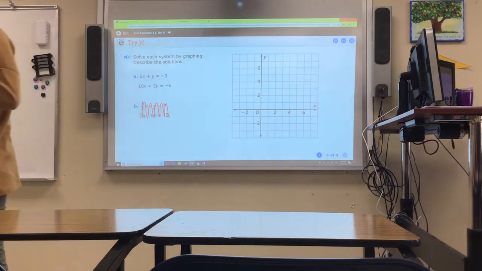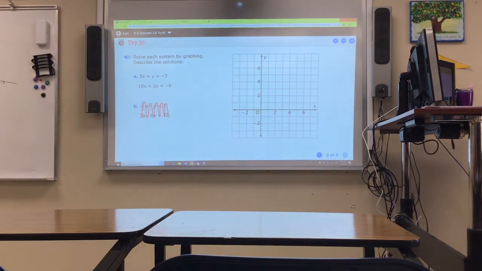You can't subtract them because they're not like terms. So down here, write y equals, and you have a negative 5x minus 3. And there's your equation, yep.